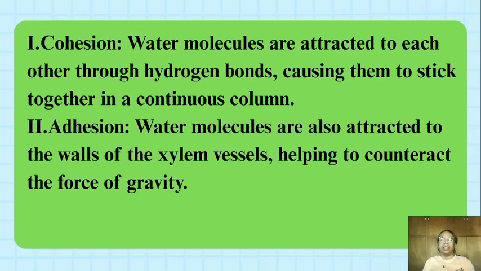Number one, cohesion. Water molecules are attracted to each other through hydrogen bonds, causing them to stick together in a continuous column. Number two, adhesion. Water molecules are also attracted to the walls of the xylem vessels, helping to counteract the force of gravity.